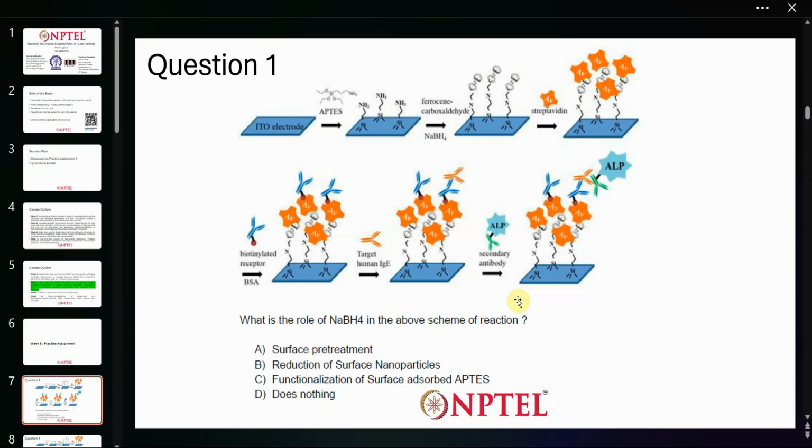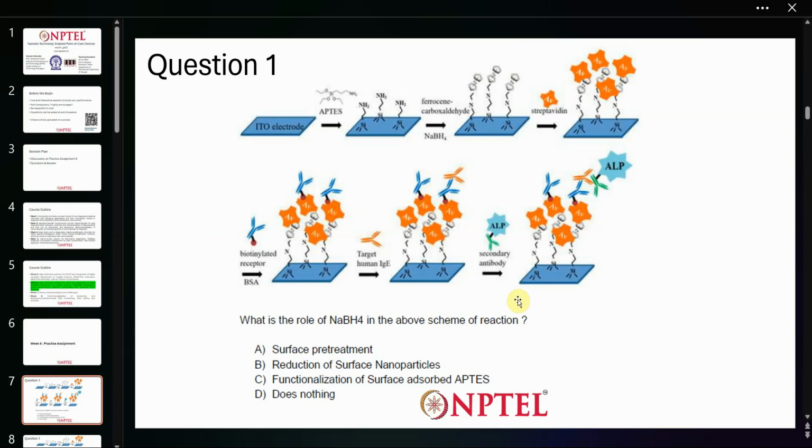The aptase are activating the surface and making it hydrophilic in nature, so that whether we need to deposit proteins or antibodies, we are modifying the surface that way using aptase.